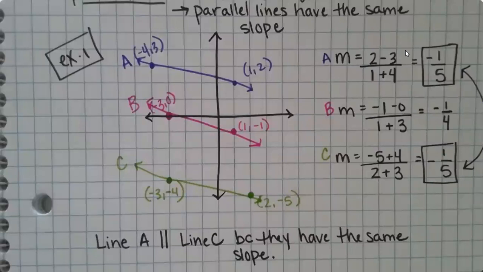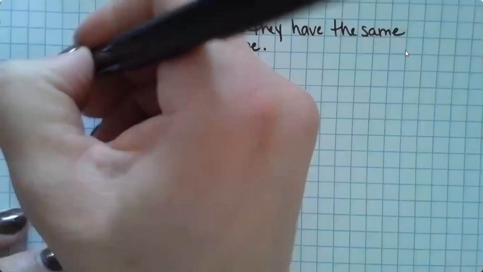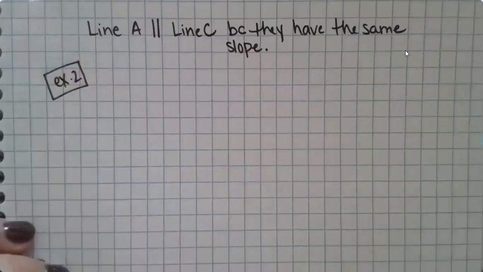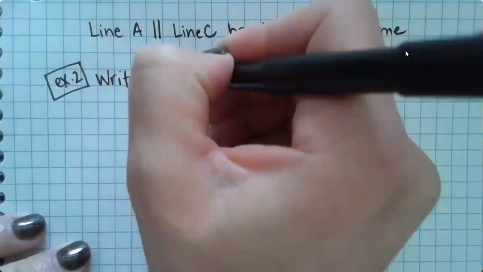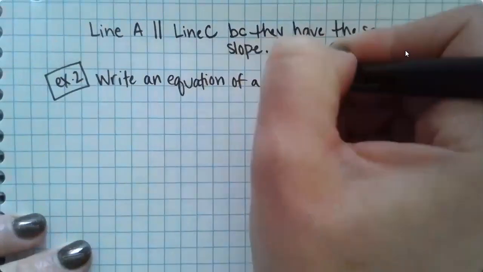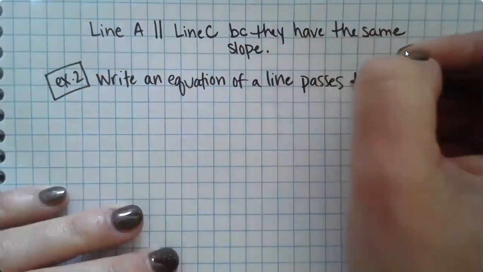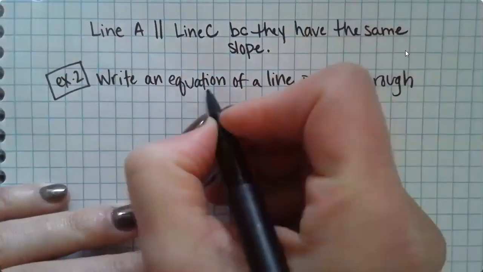All right, let's look at example 2. Example 2 asks us to write an equation of a line that passes through -5, -4.